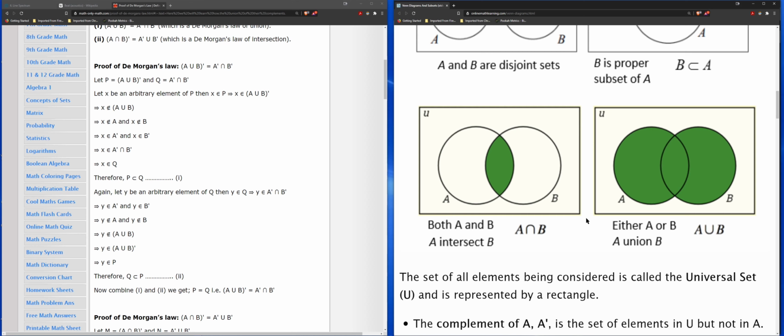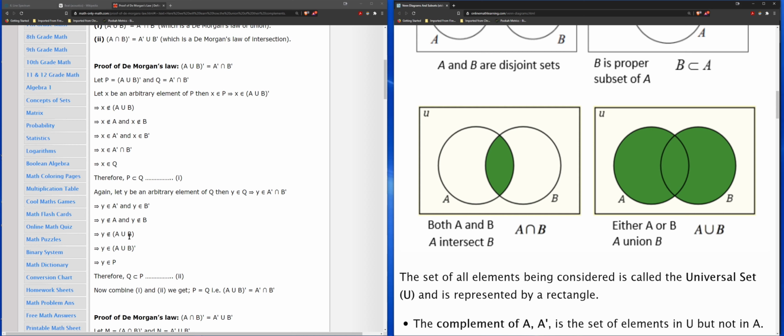So if Y does not belong to A and Y does not belong to B, it means that Y is outside of the union of A and B. So Y does not belong to A union B, so that's how you go from this step to this step.